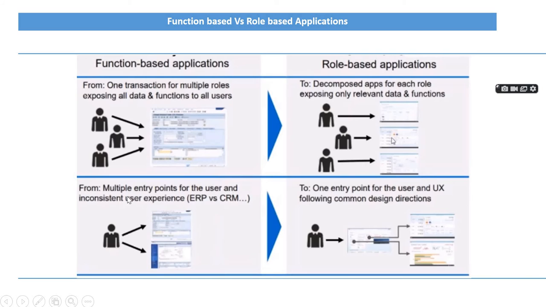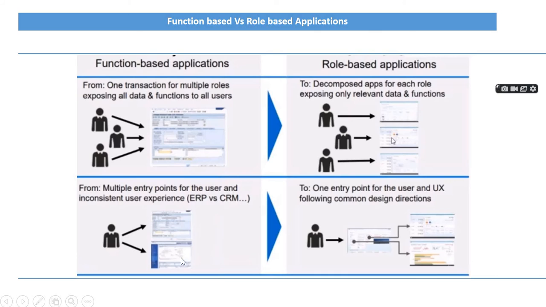Okay, then here is another important thing to know: there are multiple entry points for one user. Suppose this user needs access to ERP and CRM, both systems. To work in ERP, he has to log in to one system here.